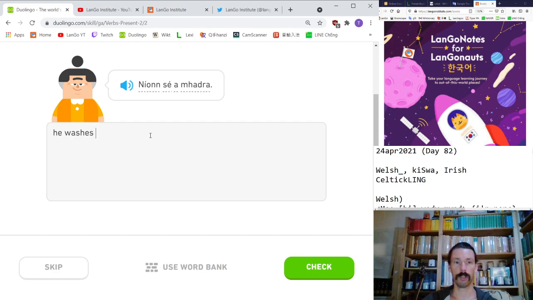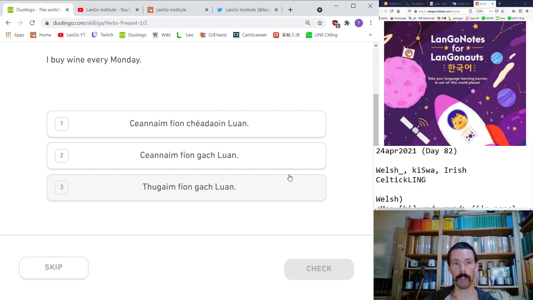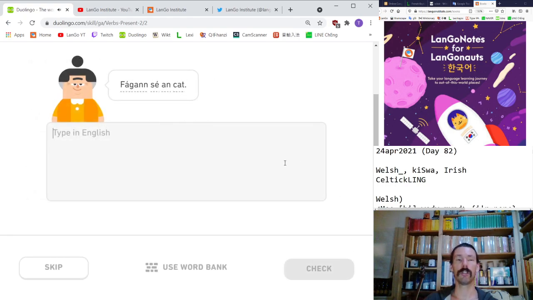His dog. Not a difference. It looks like nominative and accusative match each other pretty closely. Can't think of any differences. He washes his dog. Whereas her dog, feminine, would have an unmutated M. Is that right, Levi? I buy wine every Monday. Ceannaím fíon gach Luan. Fágann sé an cat. He leaves the cat.